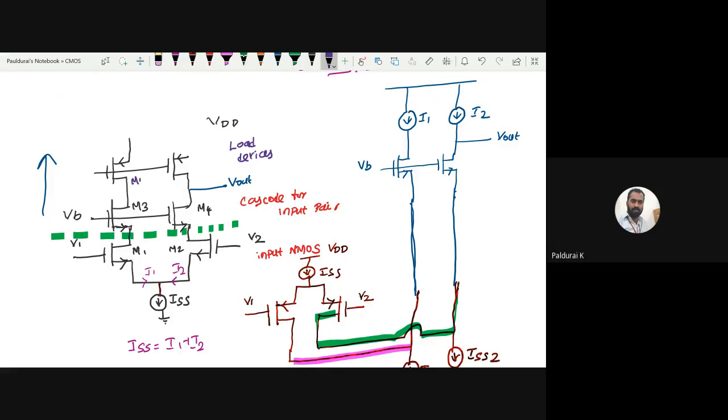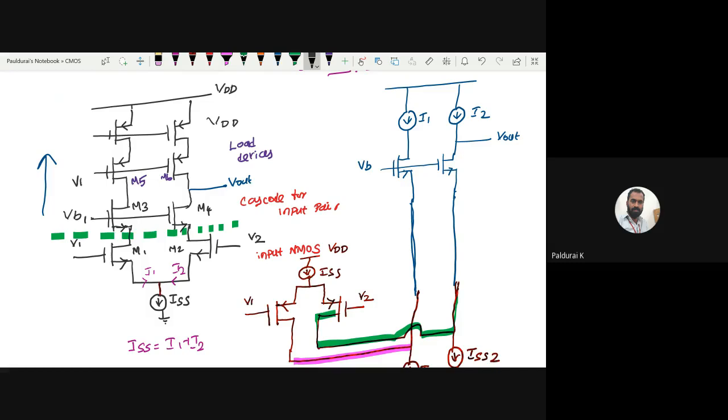Let me call them M5, M6. Then what should we do? You want to go for cascode for the load devices, so you want to connect another PMOS transistor. You will have no doubt about this.